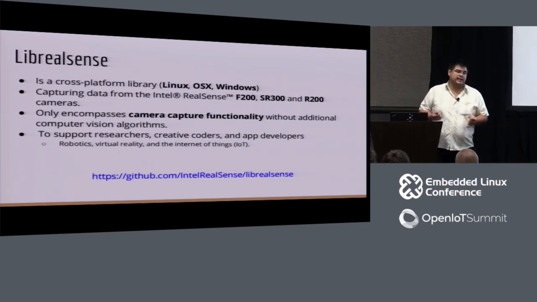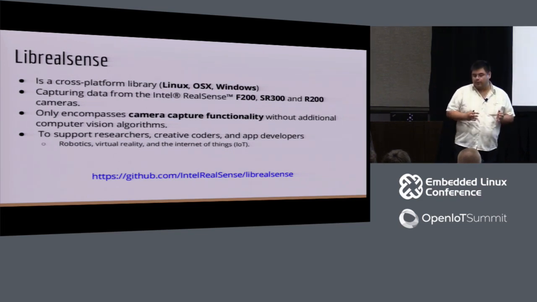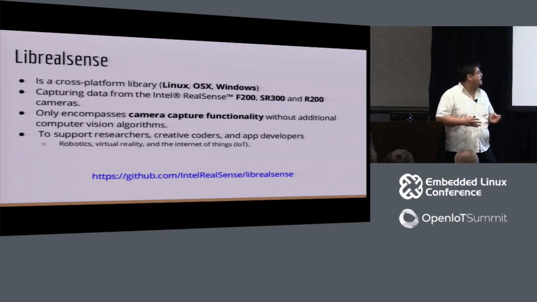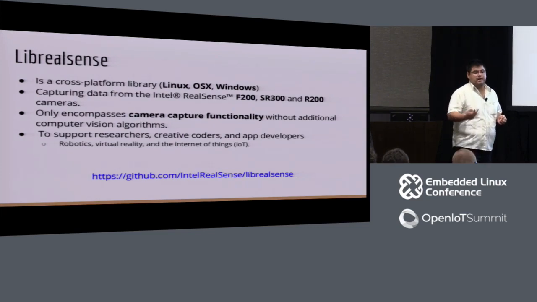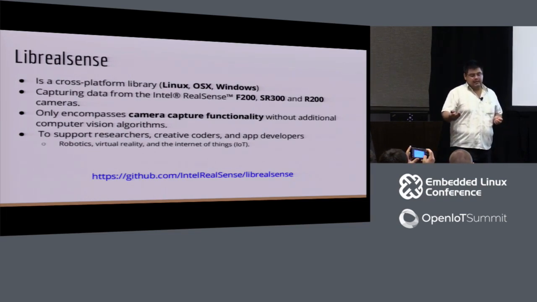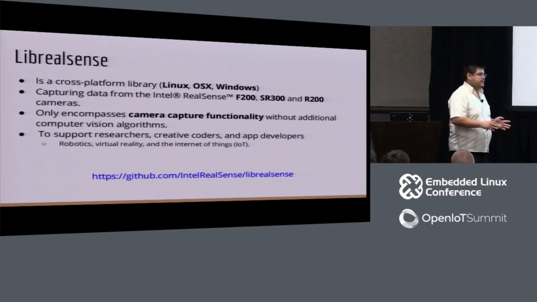It is enabled for these three types of cameras, and it is only for the capture functionality of these cameras. There is a RealSense SDK provided by Intel for Windows that provides some vision algorithms. This library is only for getting data from the cameras.